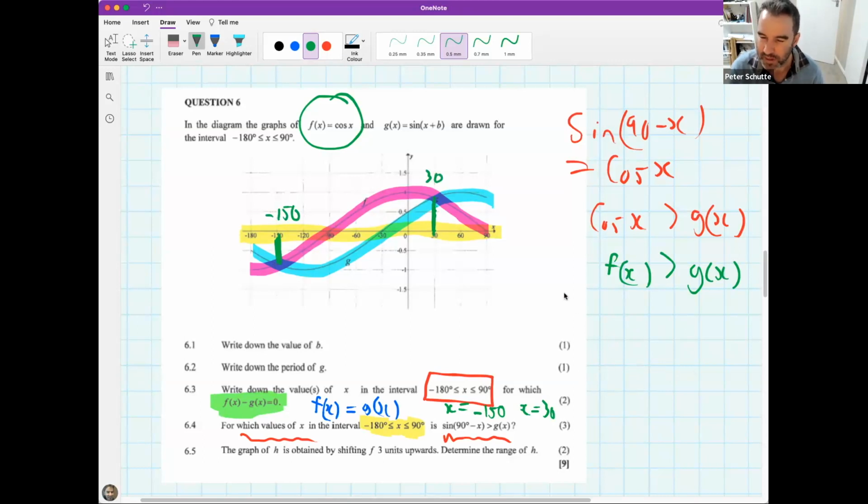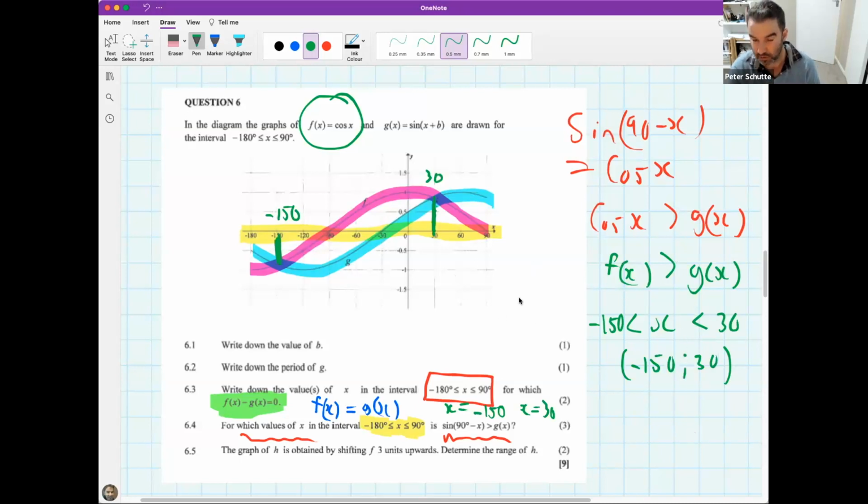Now, the question is, how would I write that? There's two ways I can write it. One way is like this: minus 150 to 30. Or I could also write it like this.